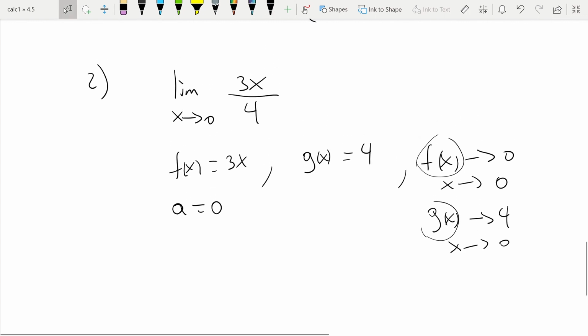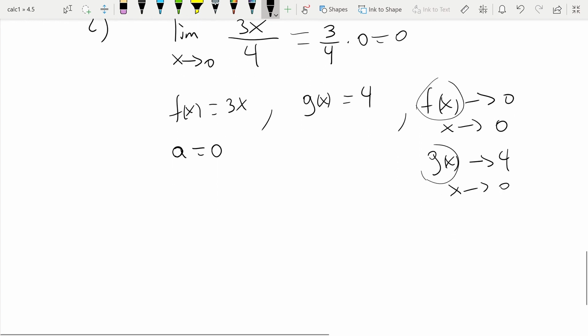Because we already know what to do here. When you're computing this limit, this expression is just 3/4 of x. That's a continuous function. So we just need to evaluate at the point. So that will give us 3 over 4 times 0, which is 0.